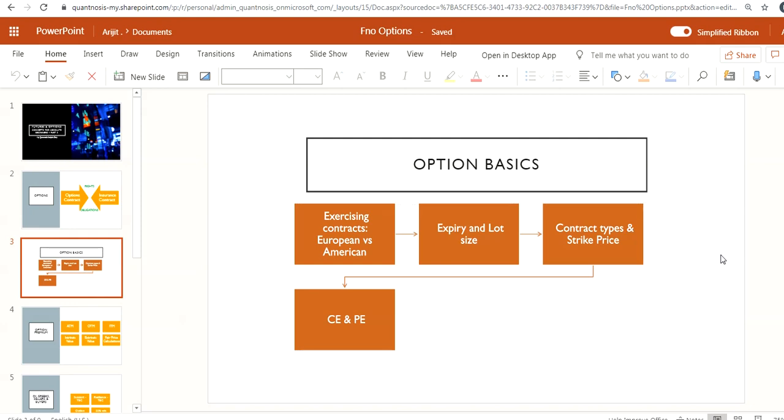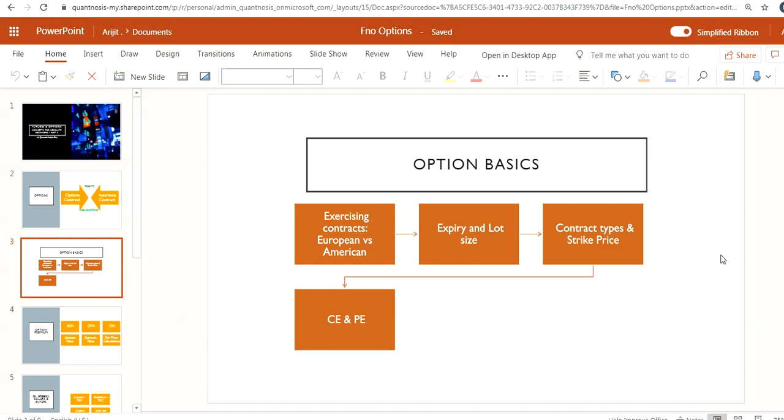So before going into more details, let's learn some fundamental topics. In the previous video, we spoke about how settlement works for futures. Options can be exercised in two ways: either European style or American style.